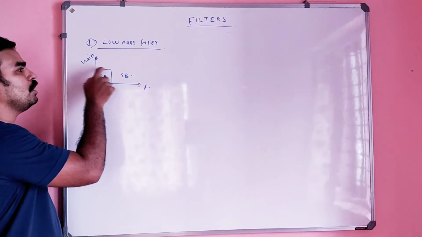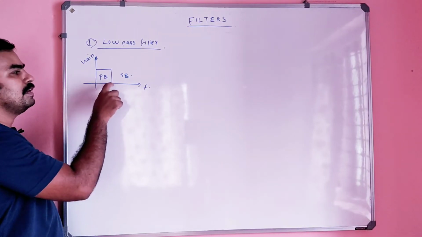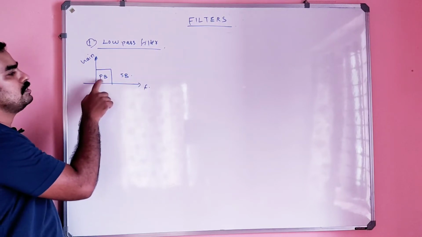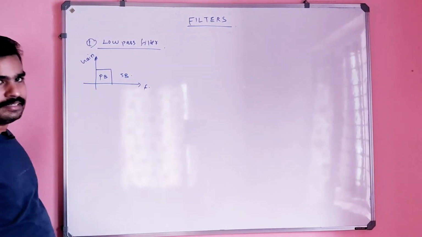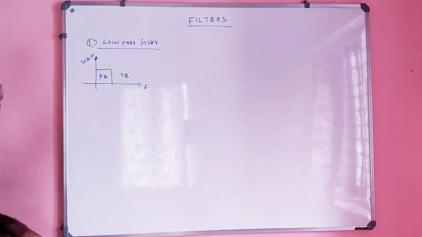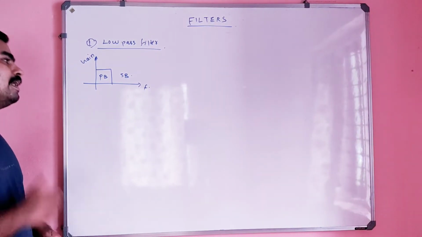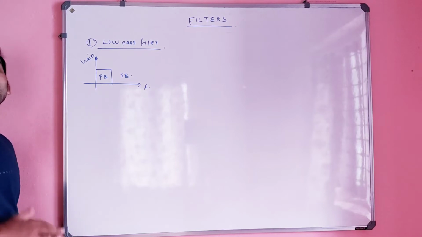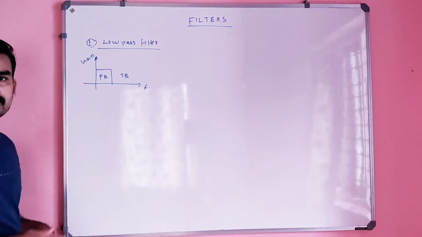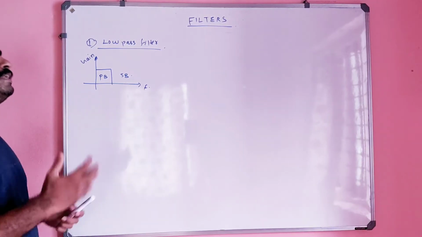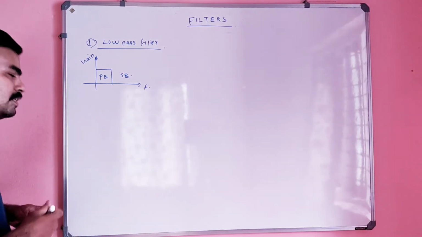So it will allow certain frequency, and whenever the frequency is increasing, it will stop that frequency. So this is the pass band and this is the stop band. That is the meaning of a low pass filter. It only allows low frequency signals to pass, and after that it will block the remaining, that means the higher frequency. It will allow only low frequency signals.